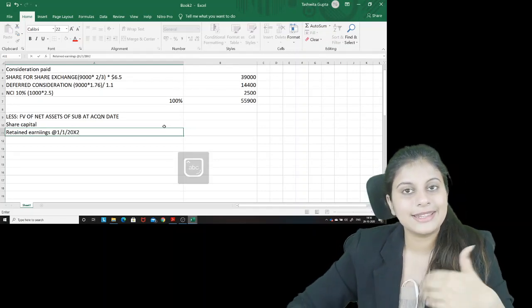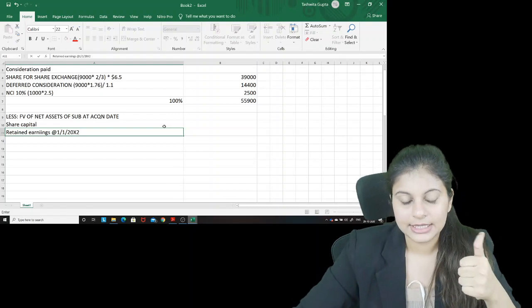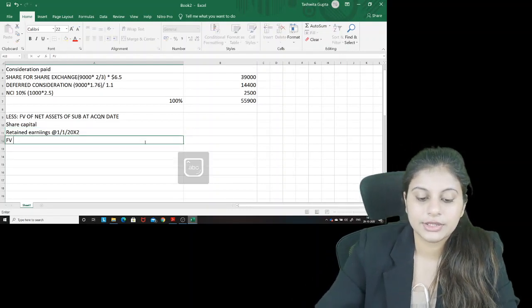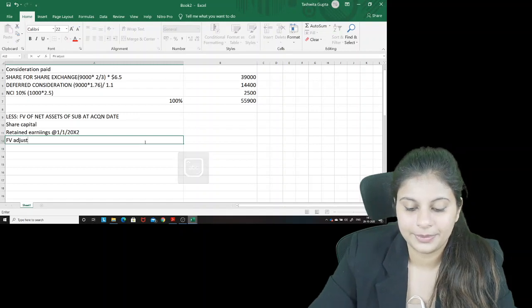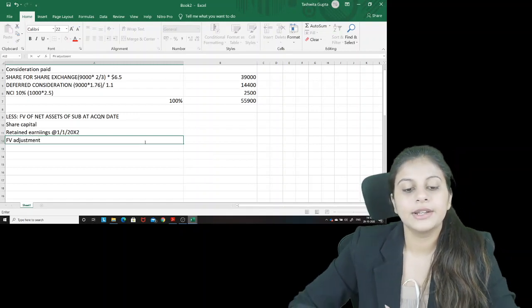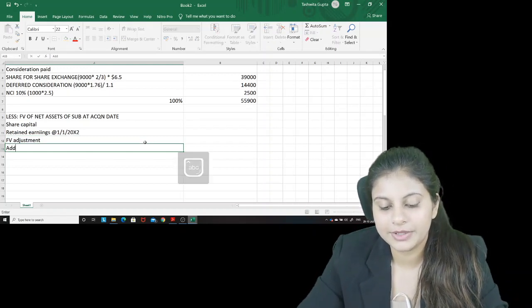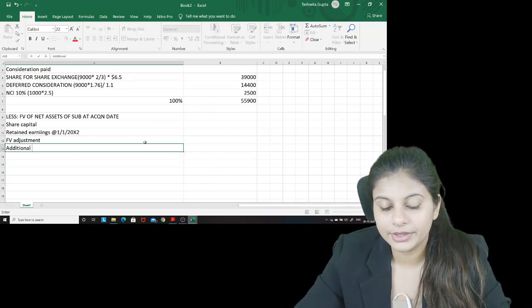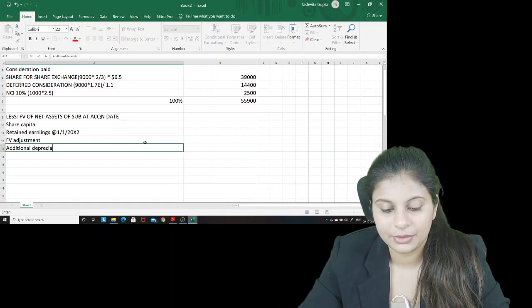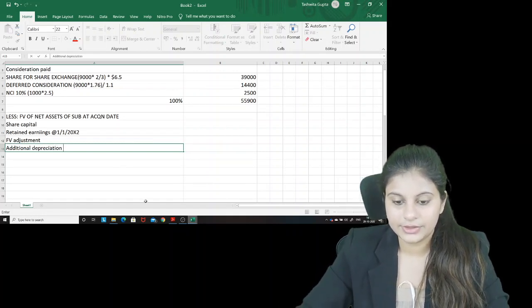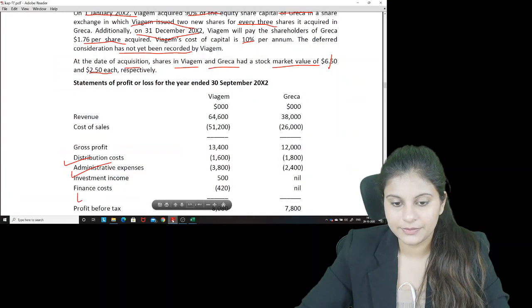So what is the retained earning at this date? And what else? Any fair value adjustment, if it is there, will be added up here. So extra depreciation, additional depreciation will be deducted from here, right? So let us just see the question for that now.